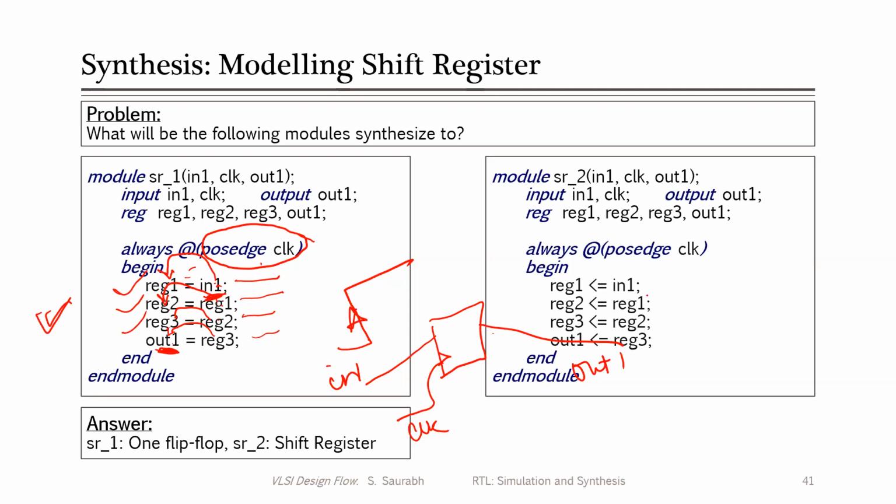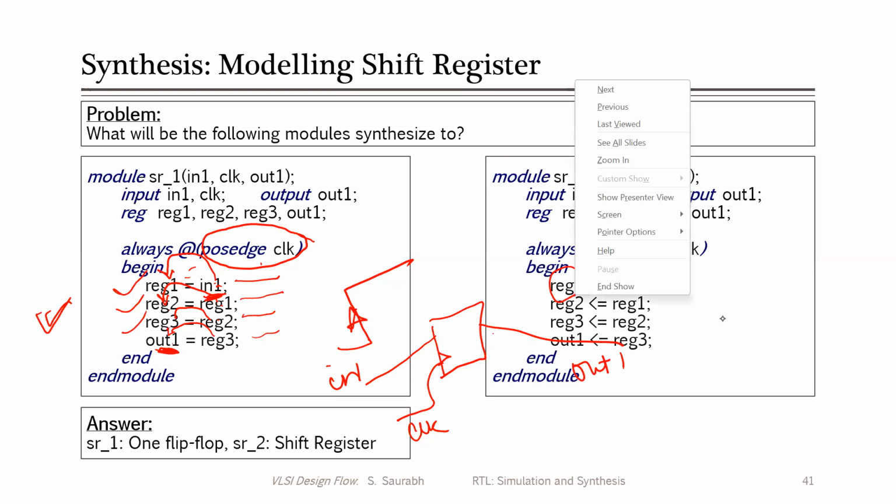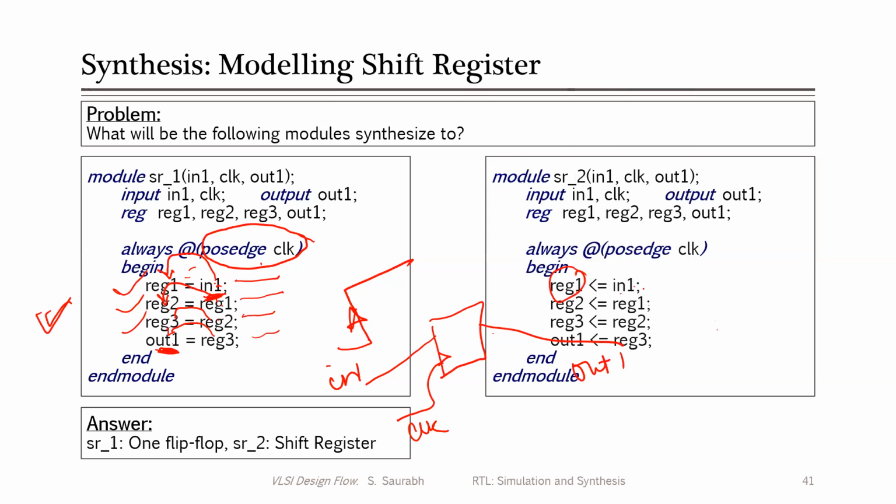You will get only one flip-flop. In the second case, what will happen is that res1 is getting the value of in1, right? Now res1 is not yet updated. The next statement is getting executed. It is non-blocking. Whatever the old value of res1 was, that is going to res2. So res2 is getting the old value of res1, and again res2 is not yet updated.